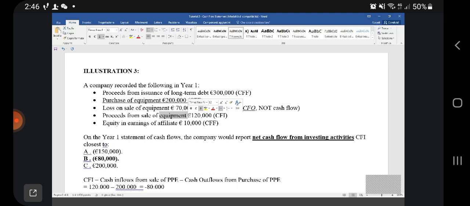But that may happen when I replace a plant or property or equipment, okay? Now don't confuse. When we classify the assets in operating and financial, that happens under IFRS 9, financial instruments. Here we are under IAS 7 and we are talking about the classification of activities and not assets. And we are making a distinction between operating, investing, and financing activities.